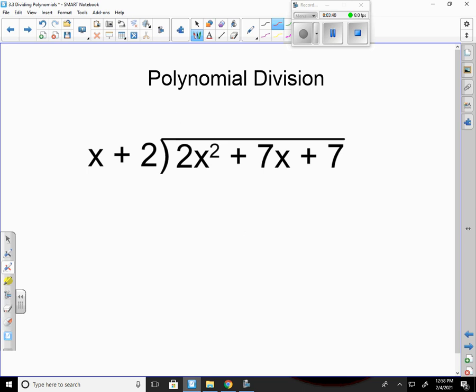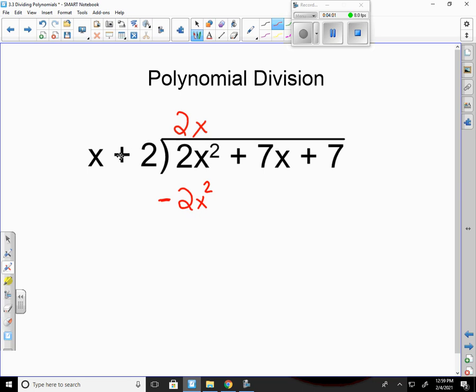Well, 2 would give me 2x, 2 times x, but I need 2x squared, so I need to multiply x by another x to get x squared. So 2x times x gives me 2x squared. Just like before, we're going to subtract that.